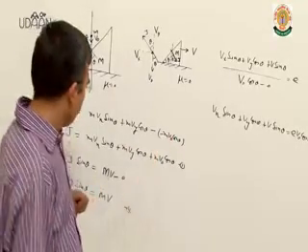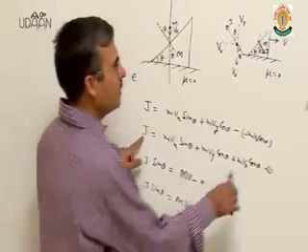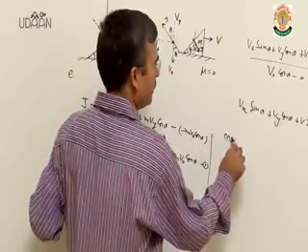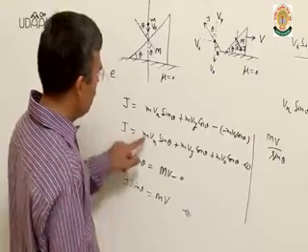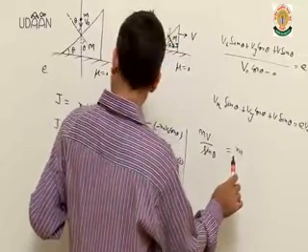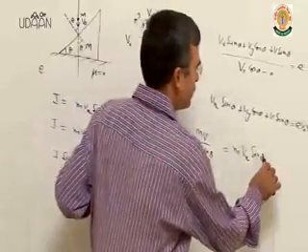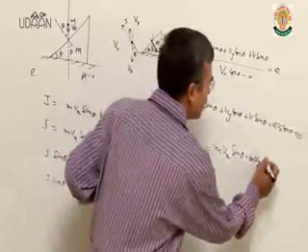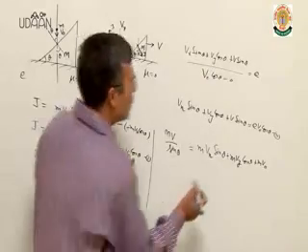Now let us solve these equations. From equation 1 and equation 2, you can put the value of J, then you will get capital MV upon sin theta equal to small m vx sin theta plus small m vy cos theta plus small m v naught cos theta.